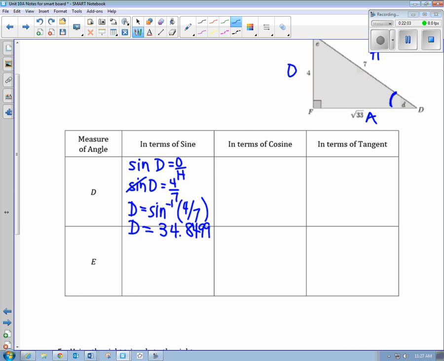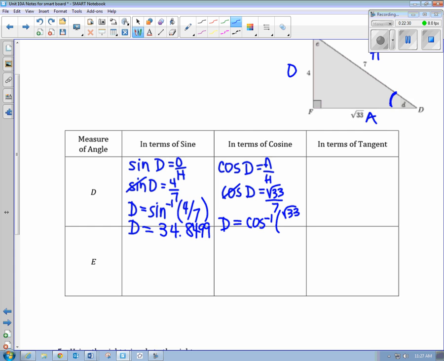With the part with the cosine of angle D, I'm kind of doing the same thing. The cosine of angle D, we know, is adjacent over hypotenuse. So cosine of D equals radical 33 over 7. I have to solve for D. The way I get D alone is I cosine inverse both sides, which causes the cosine on the left to cancel out, but it does appear as an inverse on the right.